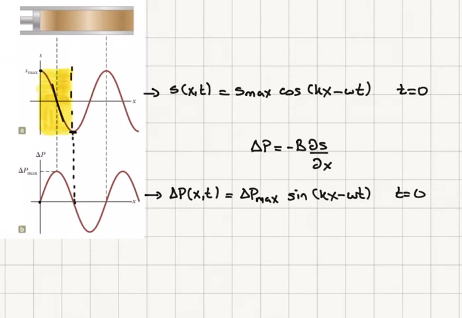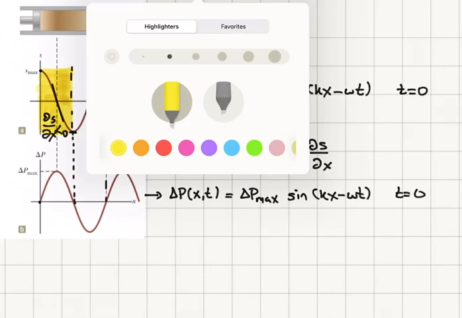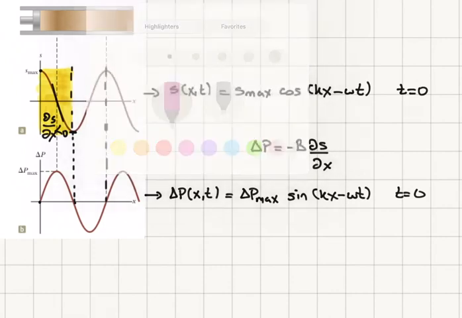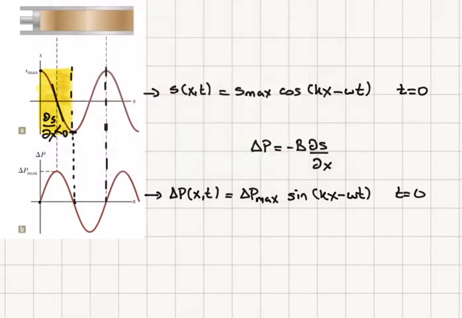And then when I go to the next part, this region is the del S del X negative region. When I go to this region, that's the del S del X positive region.